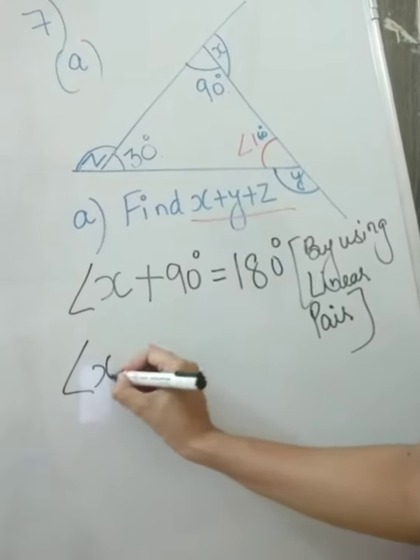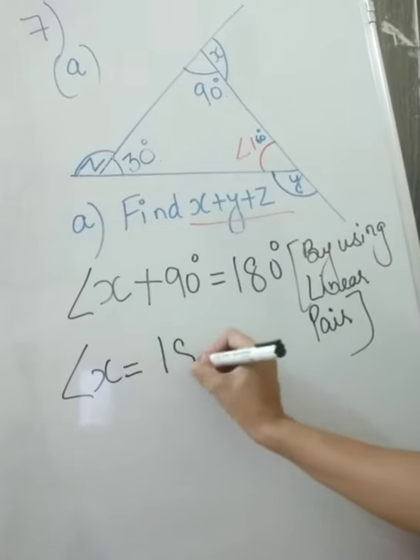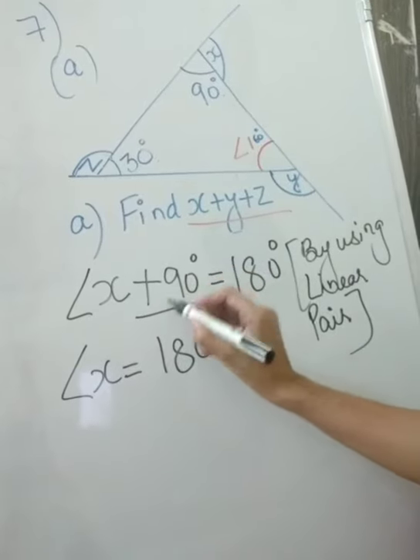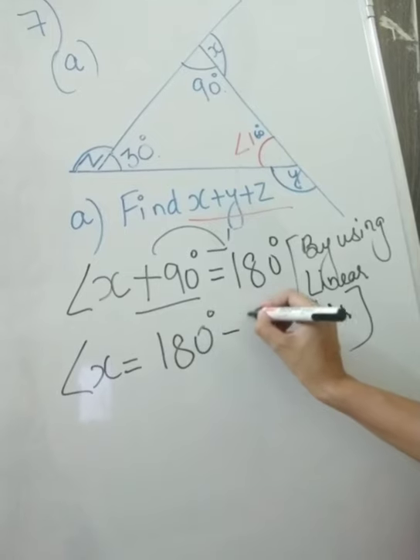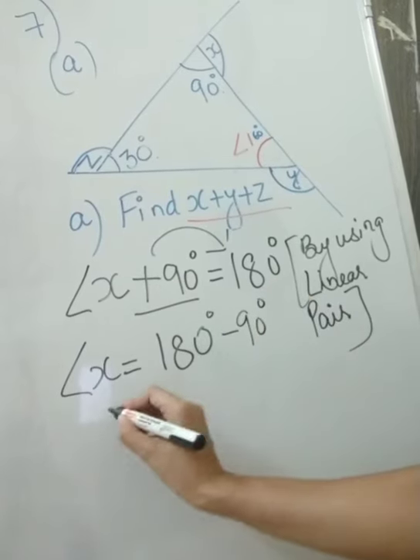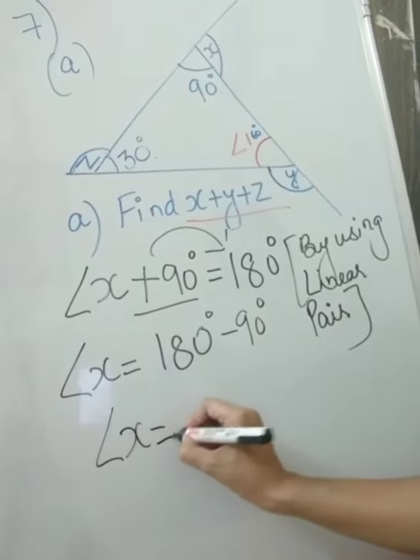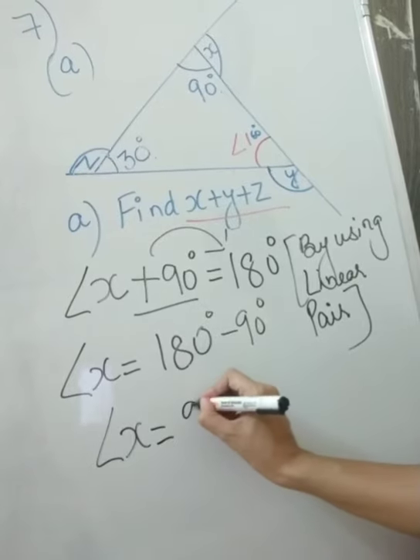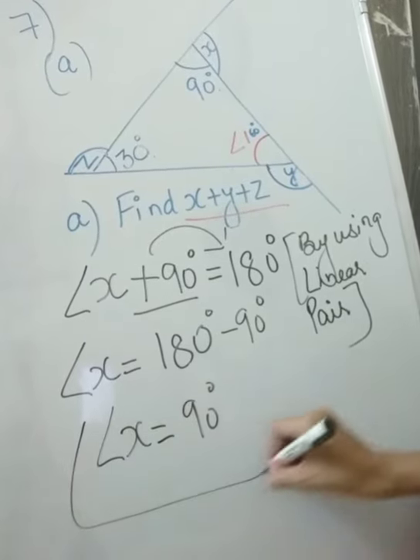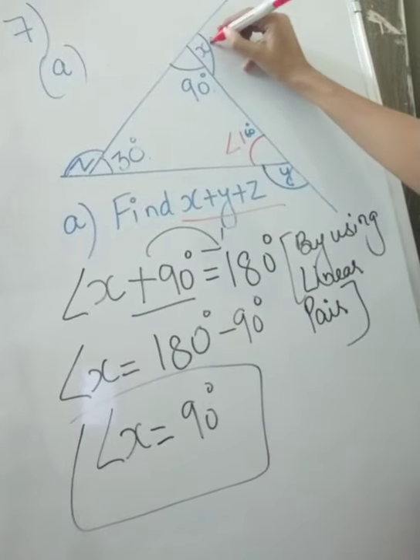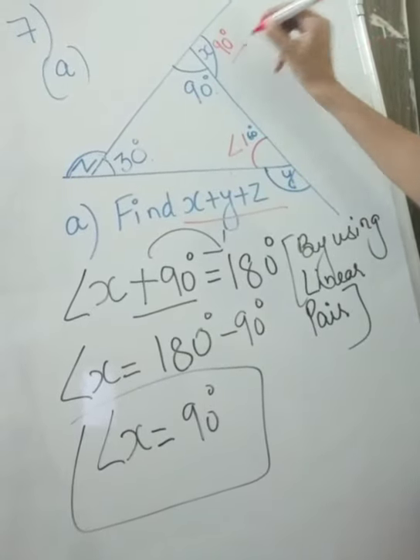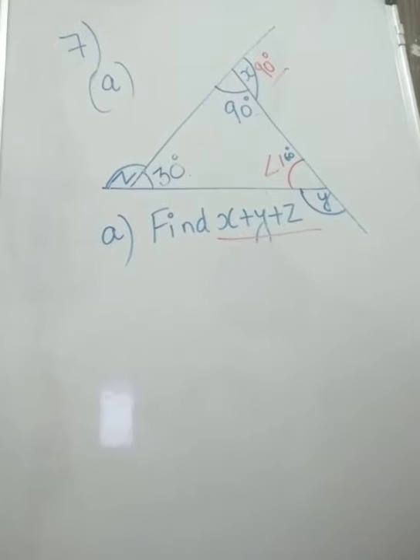So angle x will be what student? 180 degree. This 90 degree on the LHS, when it moves to RHS, will become minus 90 degree. So angle x will be 180 minus 90, which is 90 degree. Now we got x. X is what student? 90 degree. Okay.